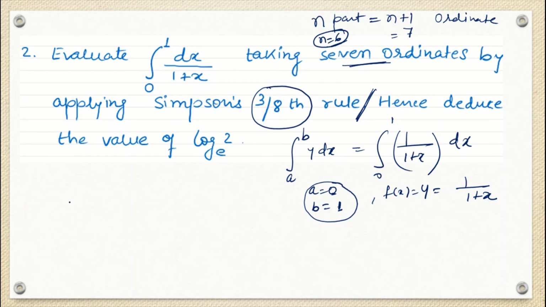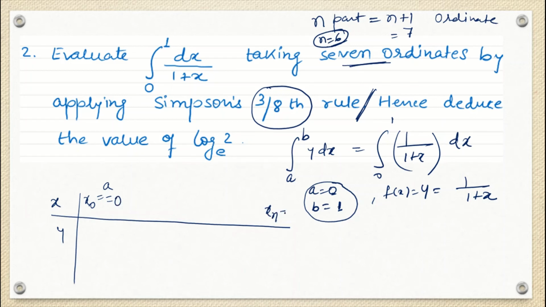I'm going to draw the table. The table will have the values of x and y. What is your x0? X0 is your a, and a is 0. And this is your xn. Xn is your b, and b is 1. In between, how many partitions are needed? Partitions are 6.